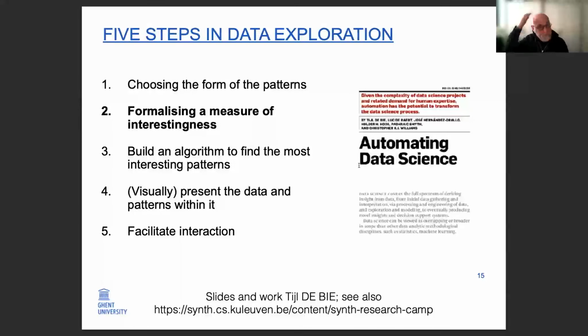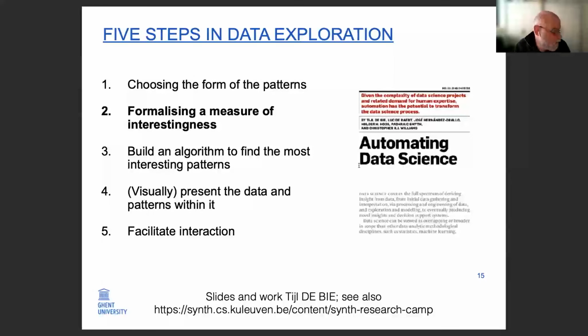And he talks about 5 steps in this. It's typically applied to pattern mining. That's the context where he has been looking at the most in the data mining context. He says there are typically 5 steps. First, you have to choose the form of the patterns that you're interested in. And then you need to formalize this measure of interestingness. And that's typically the hard task. What is interesting or not will depend a lot on the eye of the beholder.